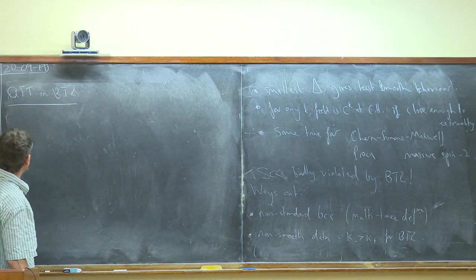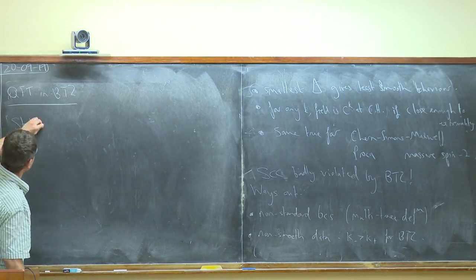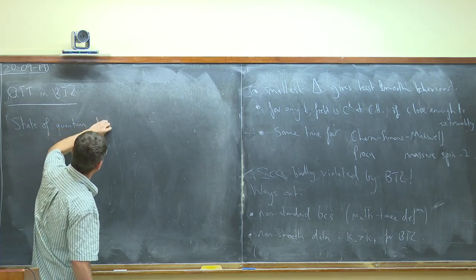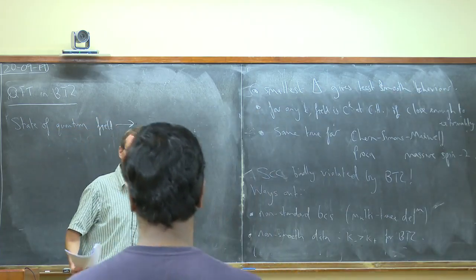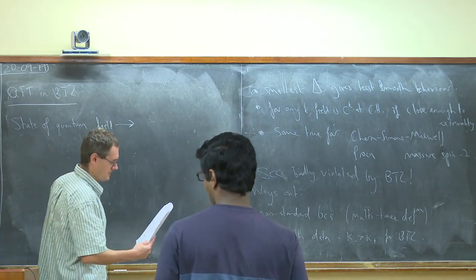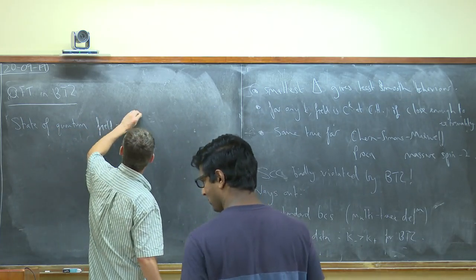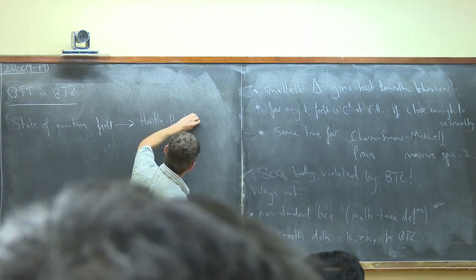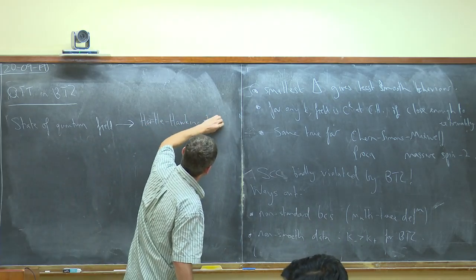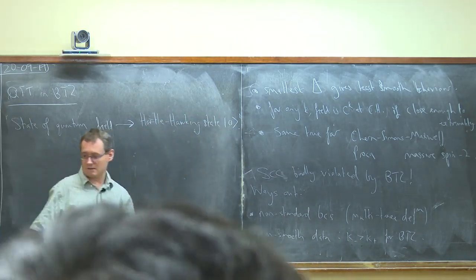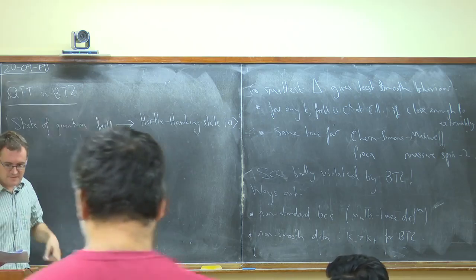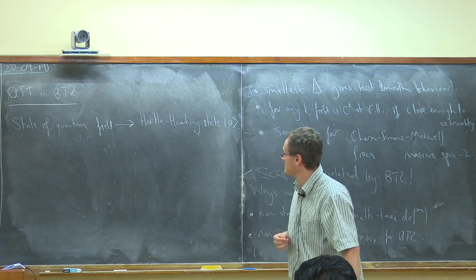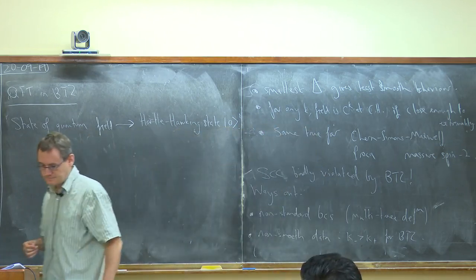So we'd expect the state of a quantum field in the BTZ geometry to approach a state of thermal equilibrium, which is called the Hartle-Hawking state. So at late time, we'd expect a quantum field in the BTZ geometry to settle down to this Hartle-Hawking state.